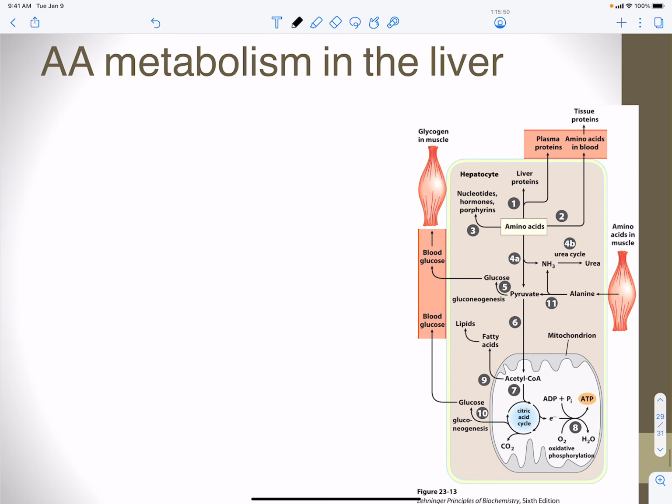Now, amino acids are going to be important because the liver is going to make a lot of proteins. So the liver not only has to make its own proteins and enzymes, but it also has to maintain plasma proteins.